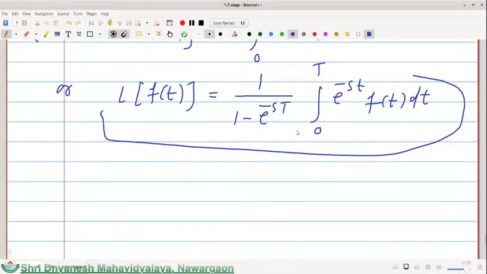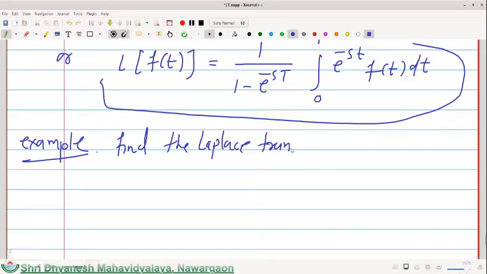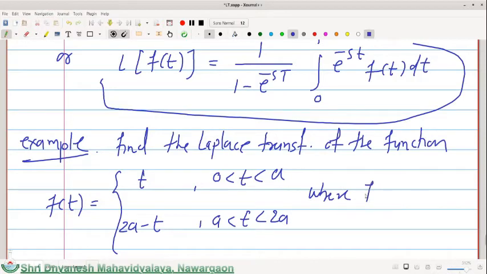So let us have one example. Find the Laplace transform of the function f of t defined by t when t lies between 0 and a, and 2a minus t when t lies between a and 2a, where f of t plus 2a equals f of t.